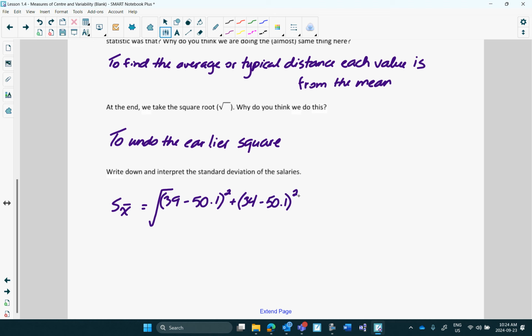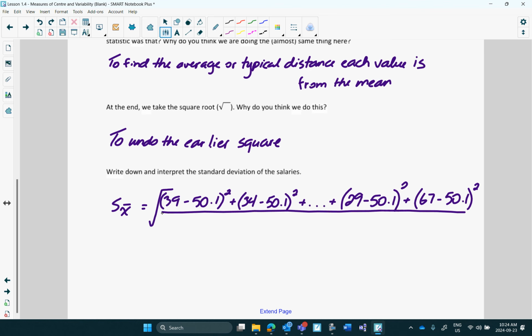Then the third, fourth, fifth, sixth, seventh, eighth, ninth, 10th, 11th, which would be 29 minus 50.1 and square it, plus the last number, which is 67 minus the mean of 50.1 and square it, and divide by how many numbers there are less 1. Take that square root. That's a lot of work, which is why I'm just going to give you the answer.